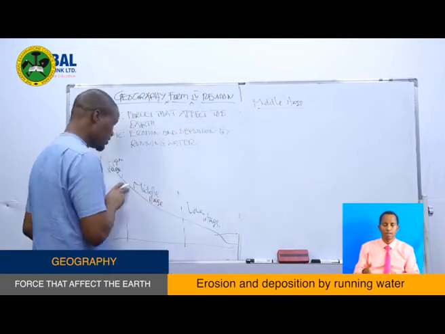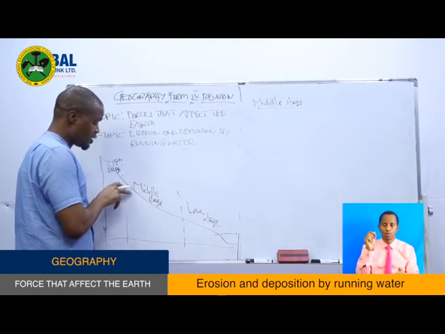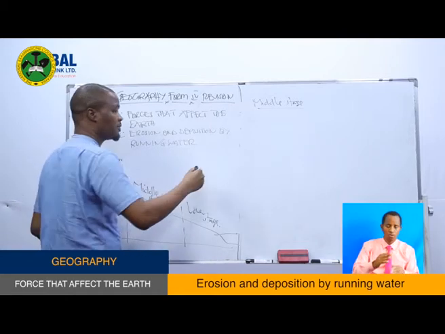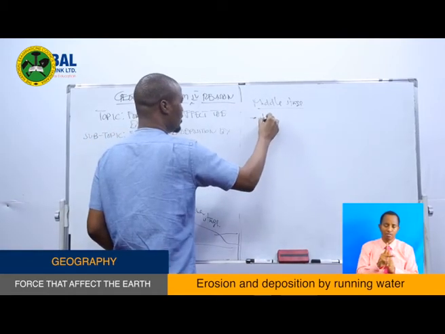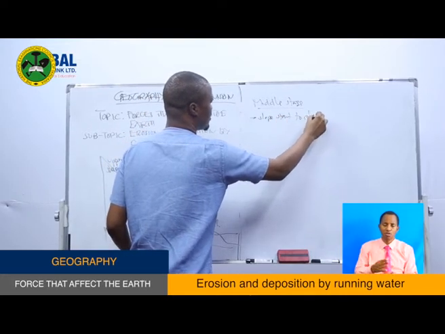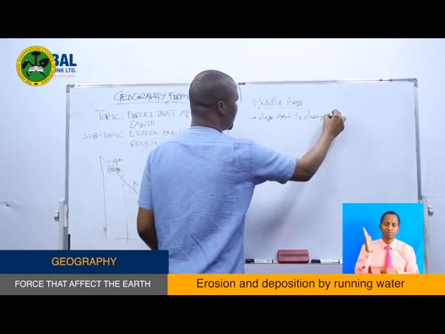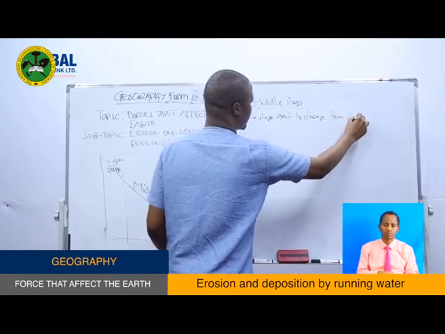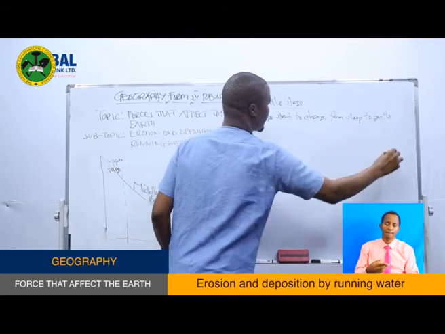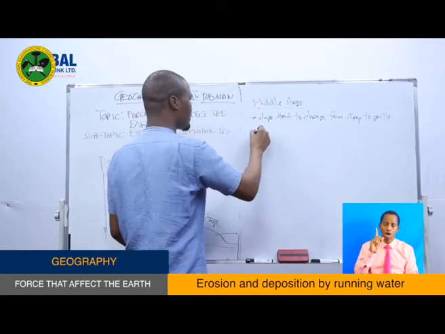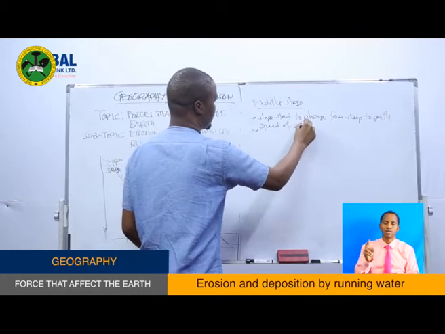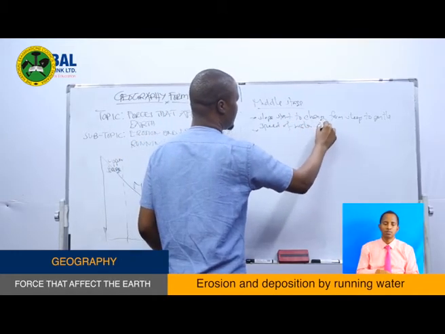At the middle stage, at this point right here, the slope starts to change from steep to gentle. Are you with me? Then the speed of water starts to decrease.